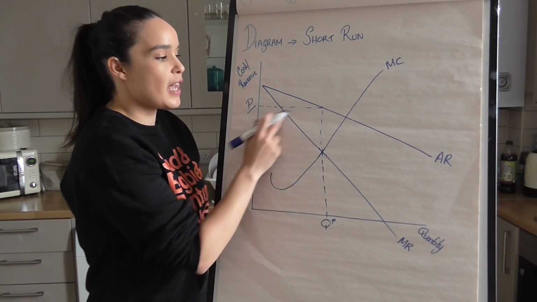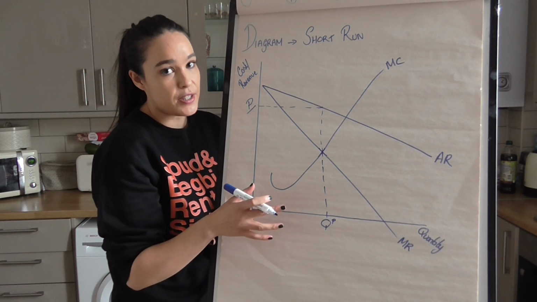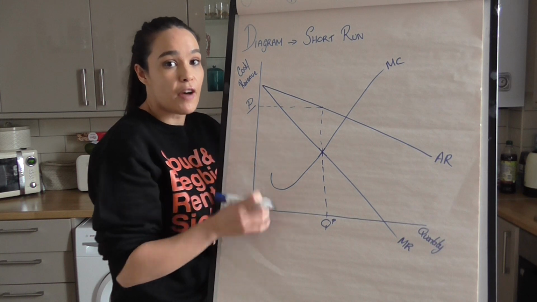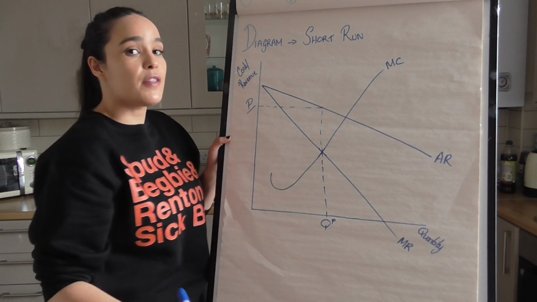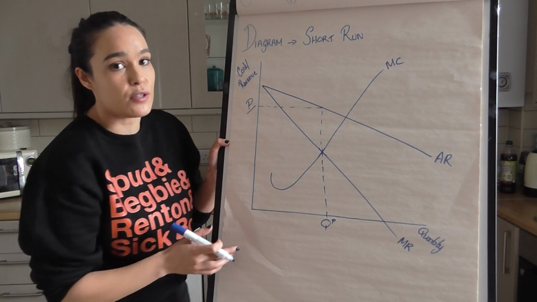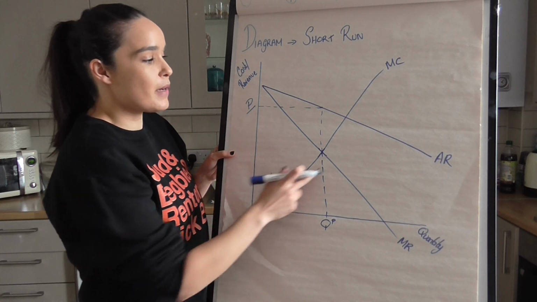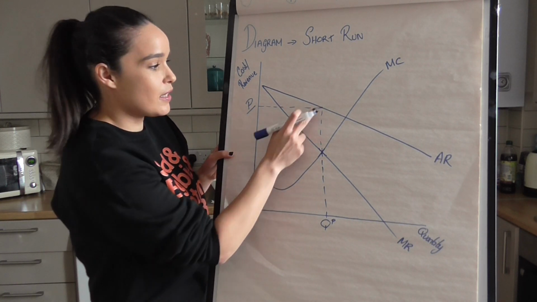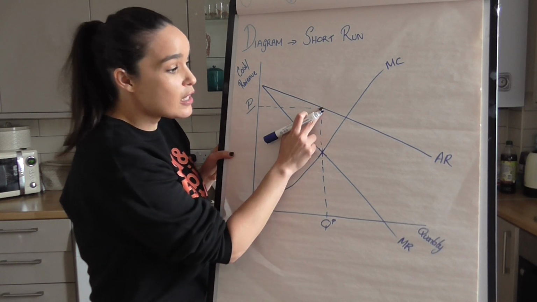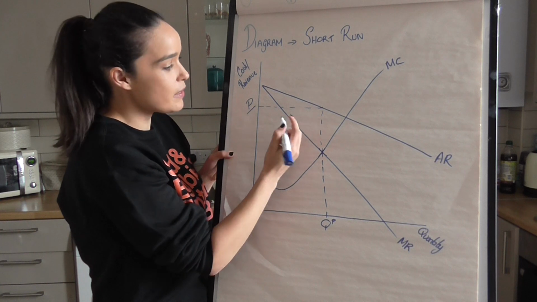Now, the reason I've drawn the diagram in this order is just very simply to illustrate to you how you can get it right first time in the exam. So I know that this is in the short run. I know that firms can make supernormal profit in the short run. I want to show that on this diagram. So I've already given myself a guide here. I know that my AC needs to cut this line below AR so I can show that some supernormal profit has been made.